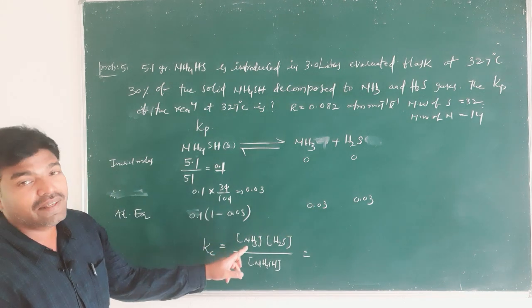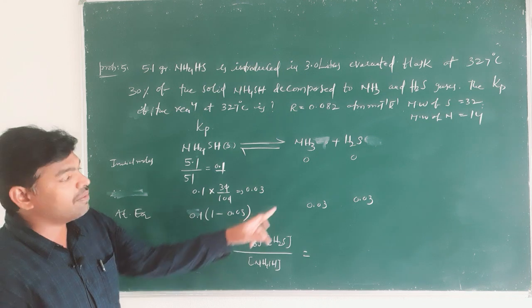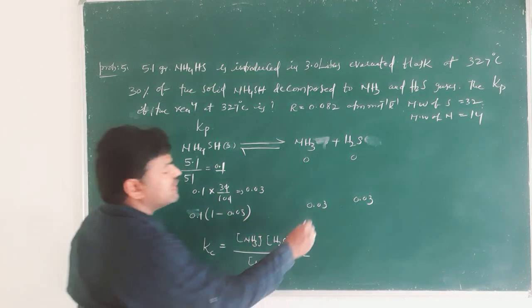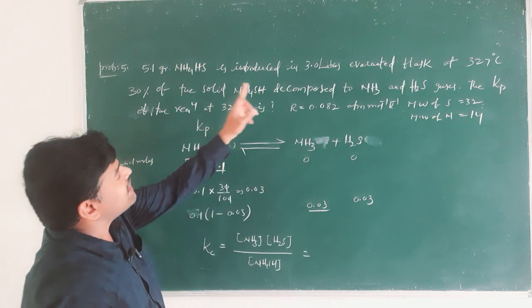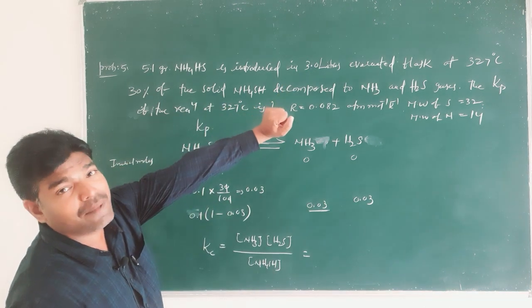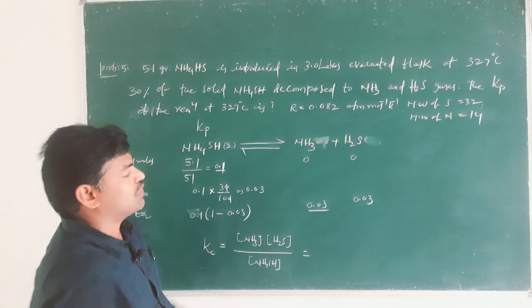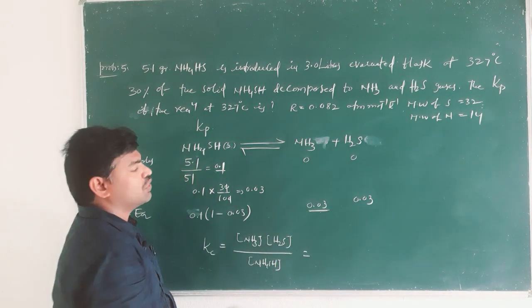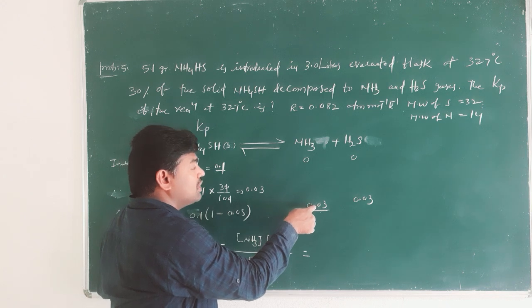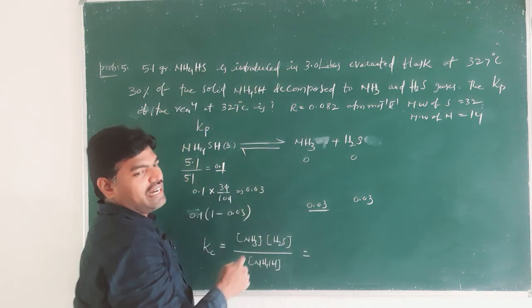How can we get the concentration of ammonia from moles? Moles divided by volume. They gave that it is a 3 liters flask. So, moles divided by volume gives a molar concentration.